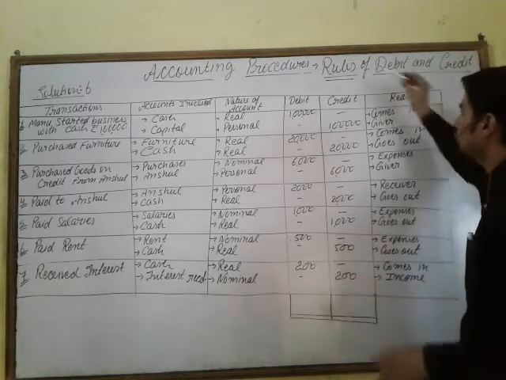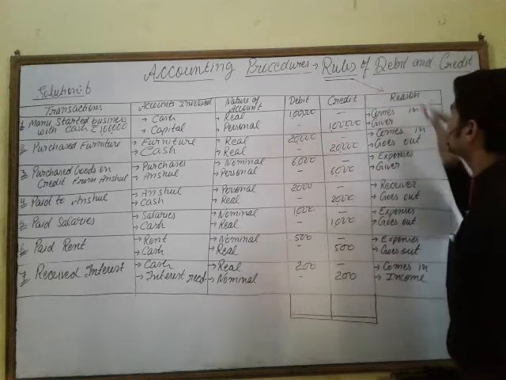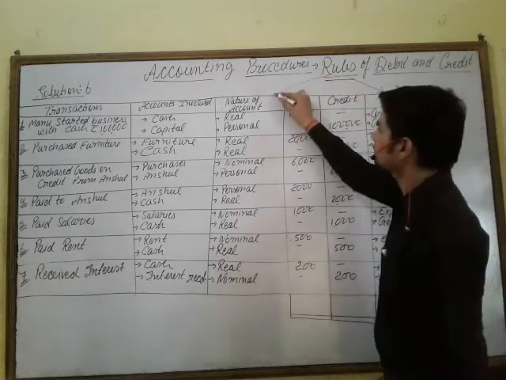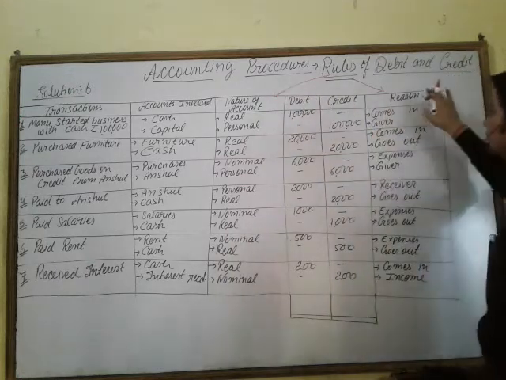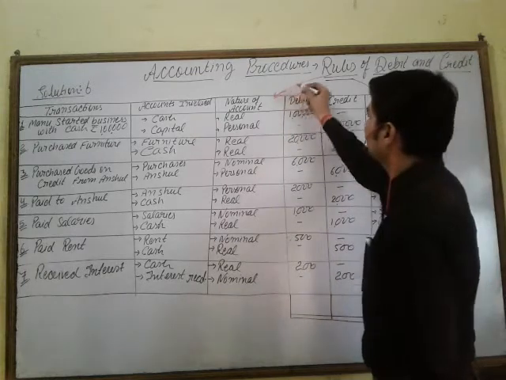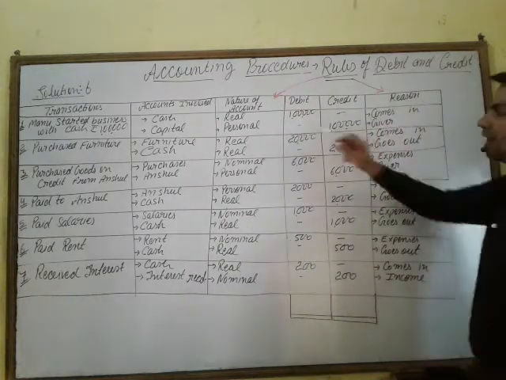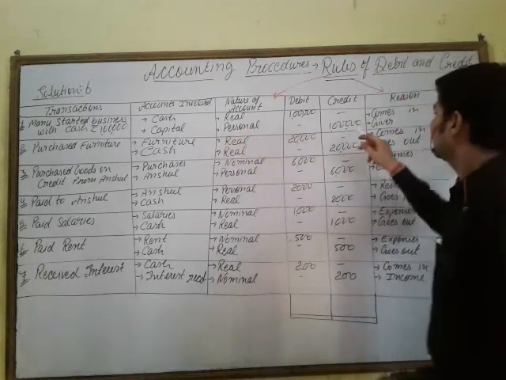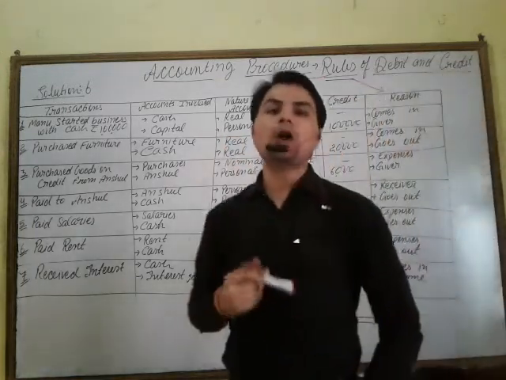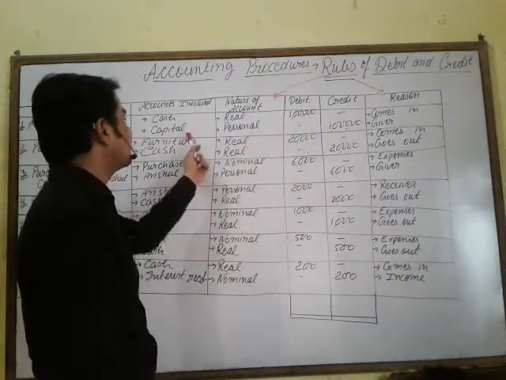On the basis of rules, you can learn the rules of debit and credit. On the basis of nature, we do the debit and credit. These are the rules of doing any account debit and credit. Why have we credited the capital? Because of the giver. Who is the giver here? The investor, the owner. The owner is the giver. So we have credited the capital.